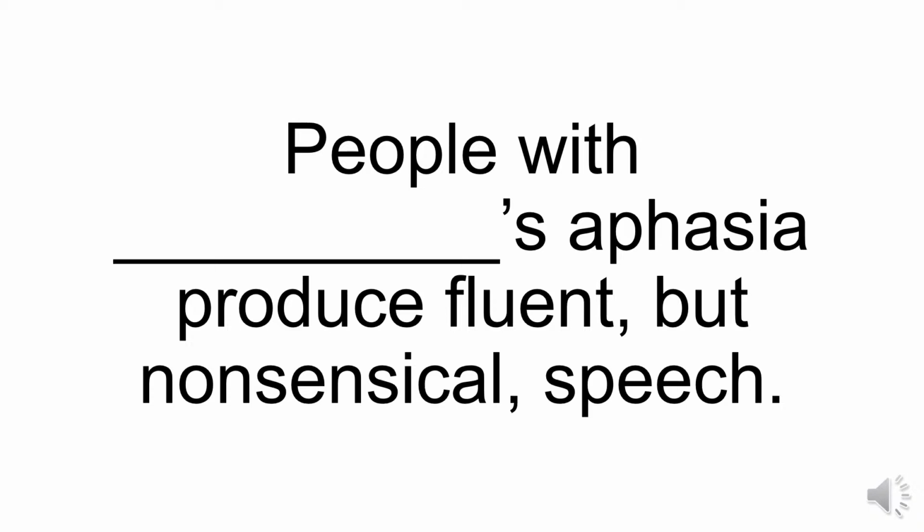People with blank's aphasia produce fluent but nonsensical speech. They'll say a bunch of stuff and the words are correct, but together they don't make sense. They don't make coherent sentences or thoughts.